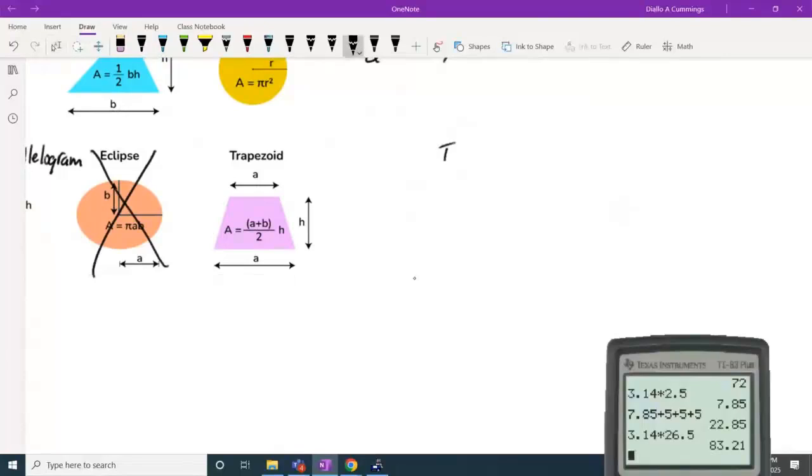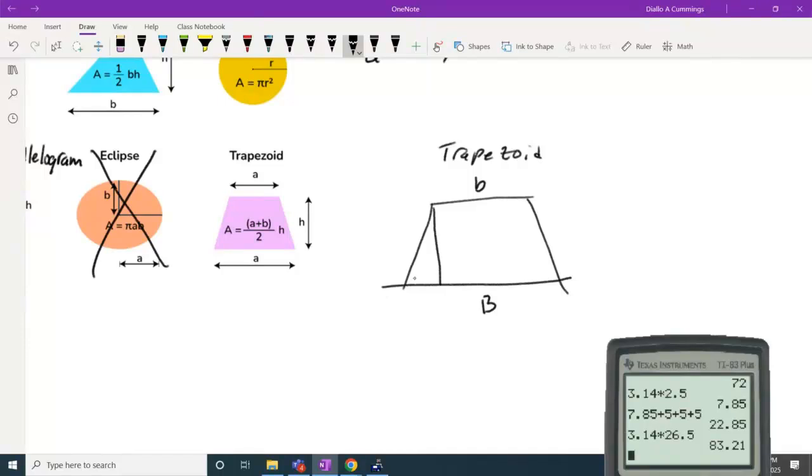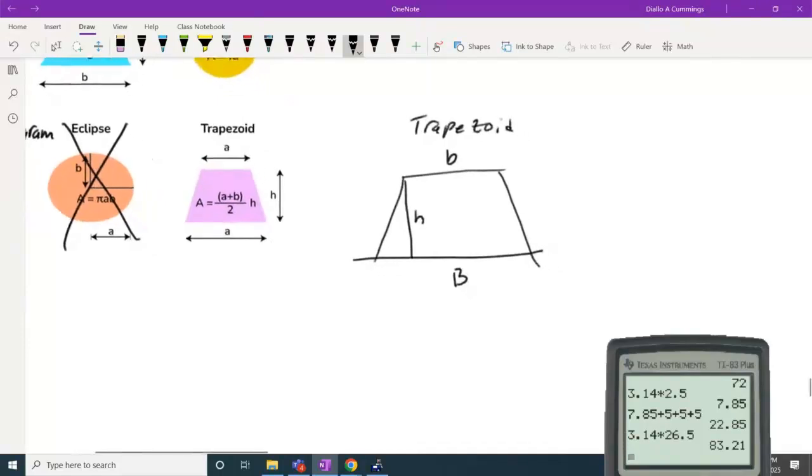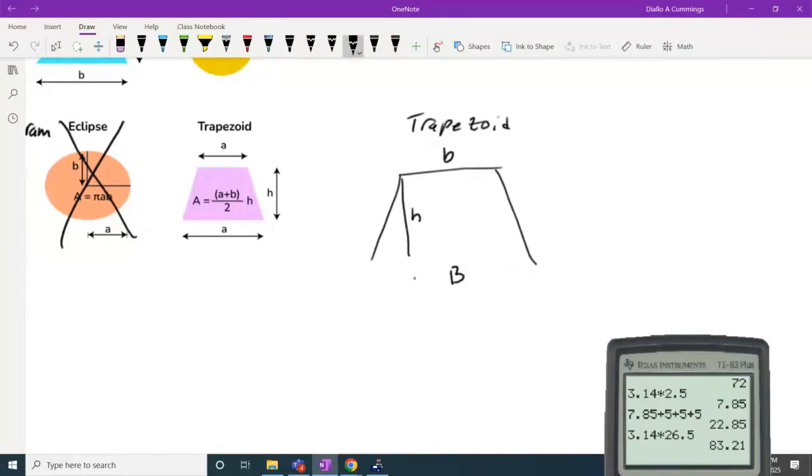So here's the formula we're going to use for a trapezoid. Okay, so in a trapezoid, we have two sides that are parallel, and then we have two opposite sides.